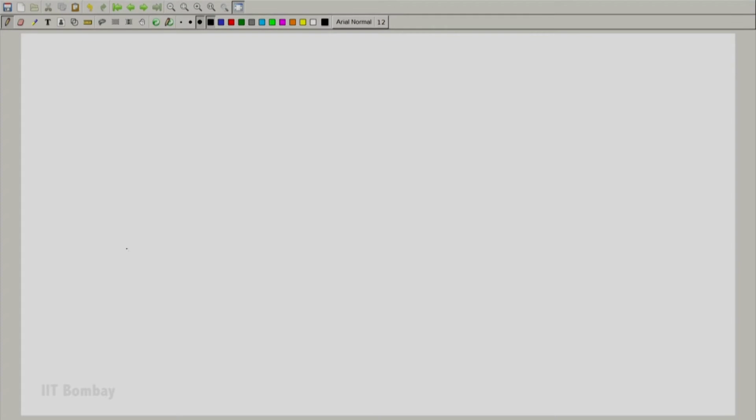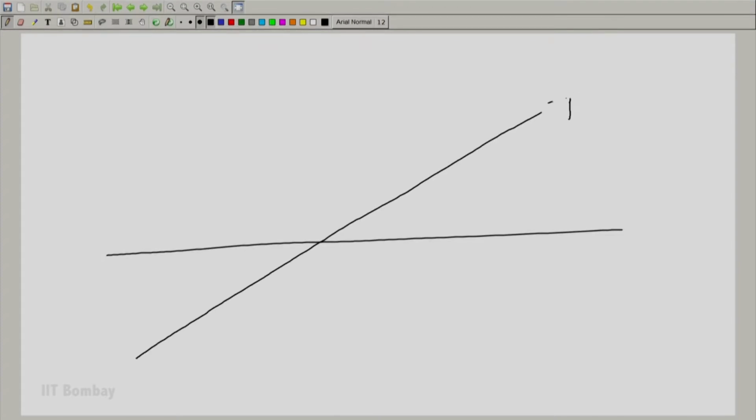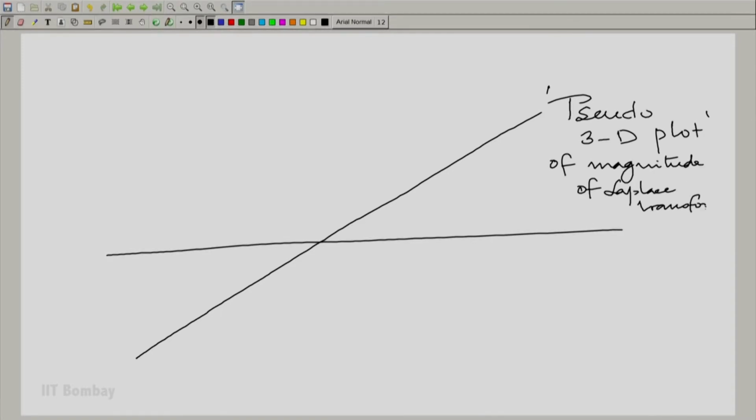Let us sketch that situation. So, remember, this Laplace transform is a function of s. So, you could think of it as lying upon the s plane. You have built something on the s plane. Let us look at the s plane as the base on which you construct the magnitude of this function. So, I am drawing a 3-dimensional or pseudo 3-dimensional plot now.